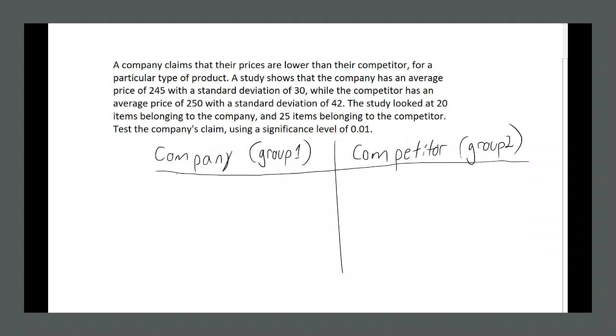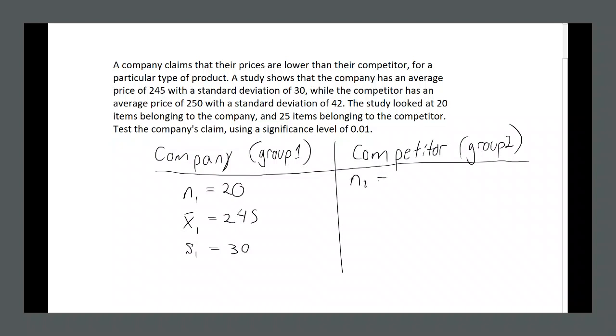And for each of these groups, we have a sample size, a sample mean, and a sample standard deviation. So for the company, 20 items were looked at based on this paragraph here. The sample mean was 245, and the standard deviation was 30.